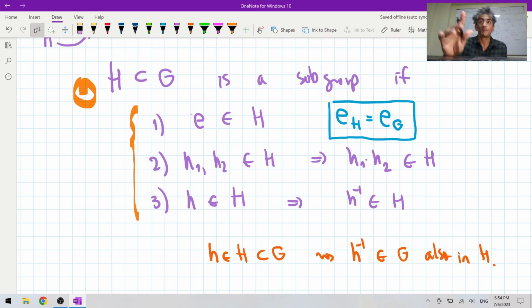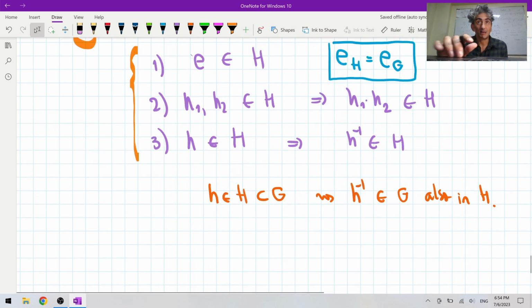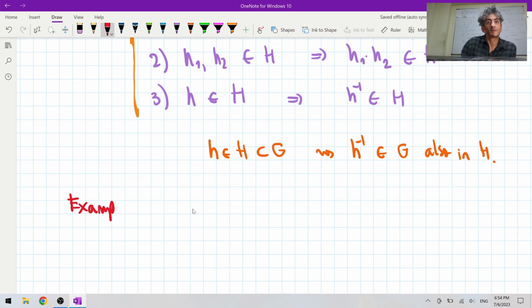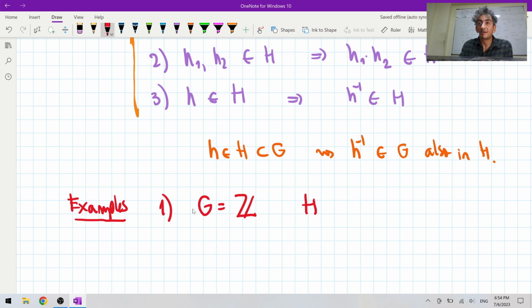Okay, let's take a look at some examples. Examples of subgroups. Well, if we go along the same lines that we went before, let's take the ambient group G to be Z, and let's take H to be the even numbers.